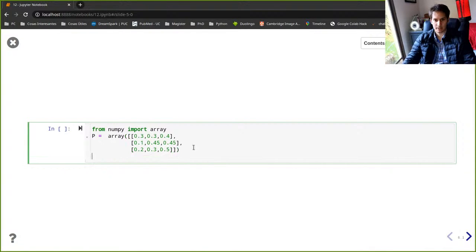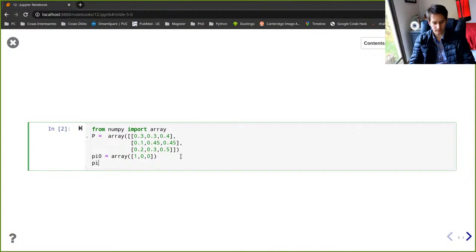That was our matrix, and our initial state pi 0 is equal to just 1, 0, 0. That's it.